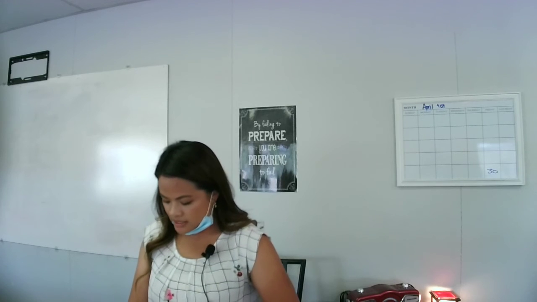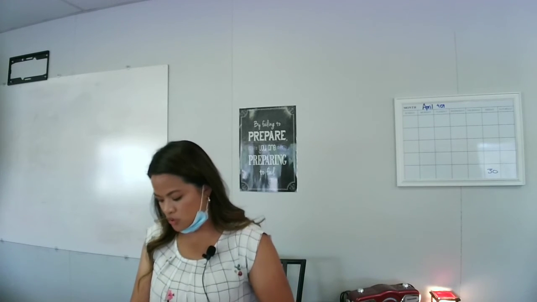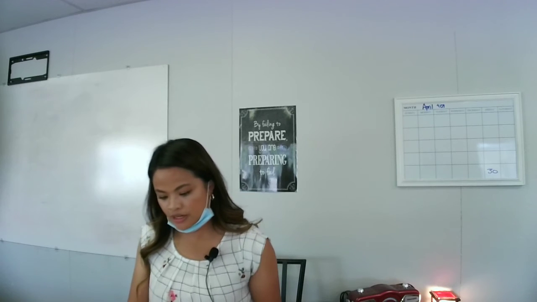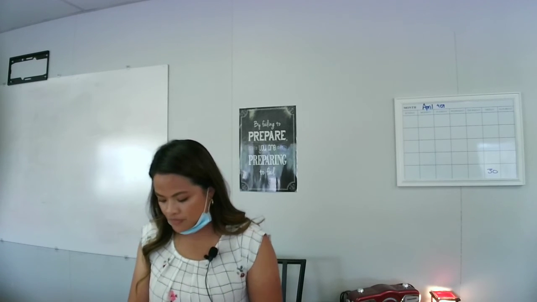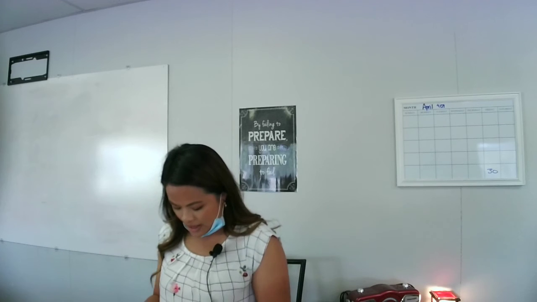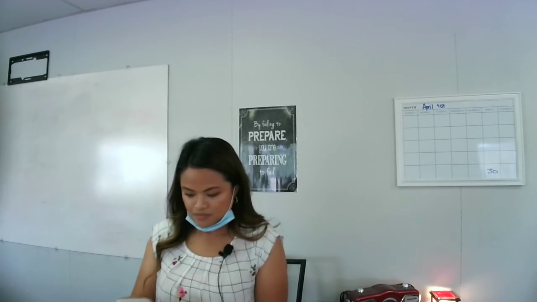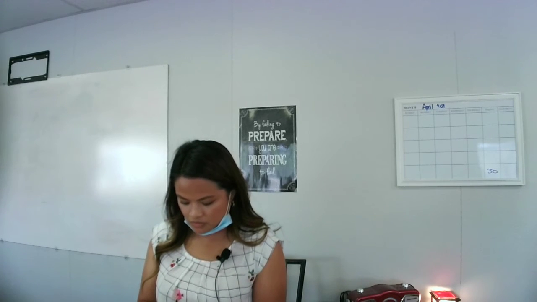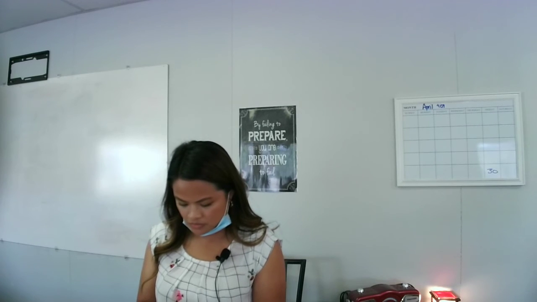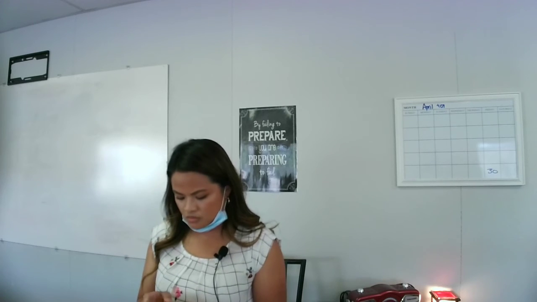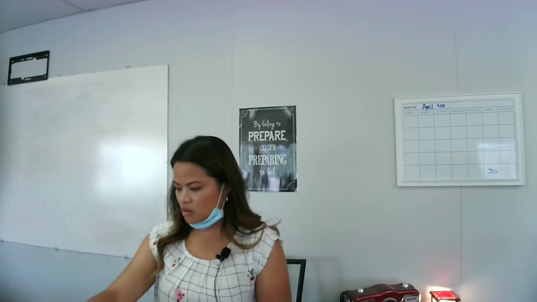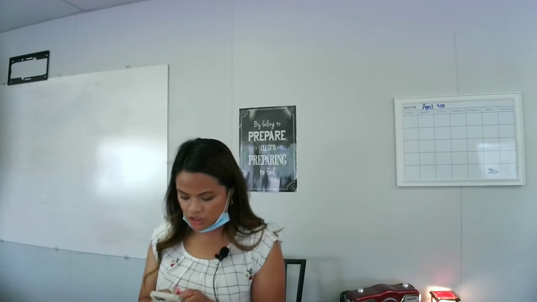Okay? All right, go ahead and diagram the exercise on page 235, numbers 1 through 10. That is your homework for tonight. Okay? Page 235, the exercise, numbers 1 through 10. Actually, let me look.